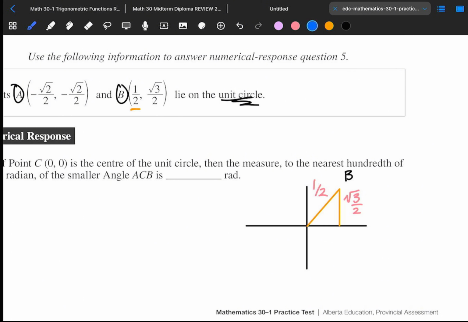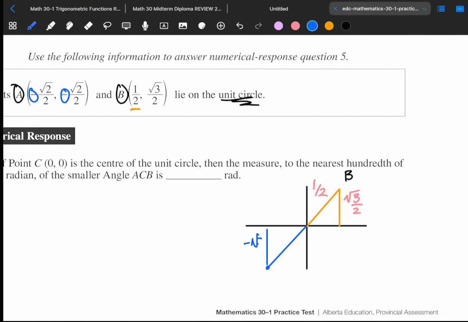Now we're looking at point A. It's going to be in quadrant 3, because you have negative x and negative y, and the only place you can have both negative x and negative y is in this quadrant right here. I'll just label these points correspondingly.